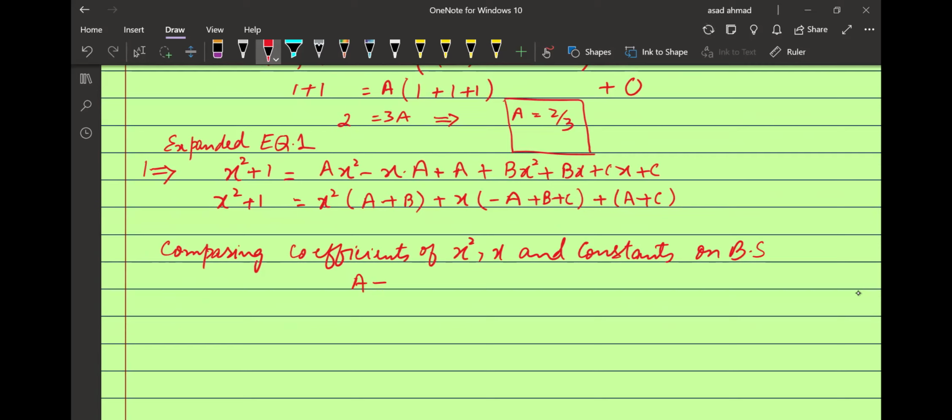A plus b is equal to the coefficient of x square on the left hand side, which is 1. So a plus b will be equal to 1. You can label it as equation number 2.